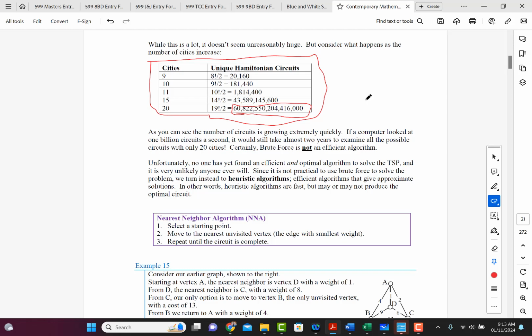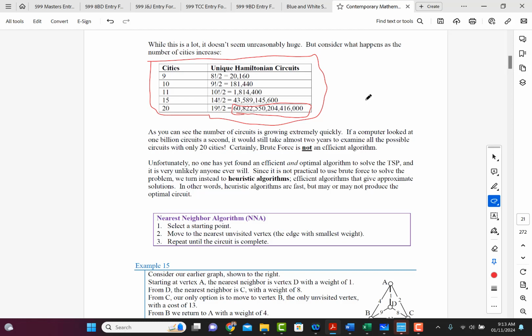Unfortunately, no one has found an efficient and optimal algorithm to solve the traveling salesman problem yet. And it is very unlikely anyone ever will.